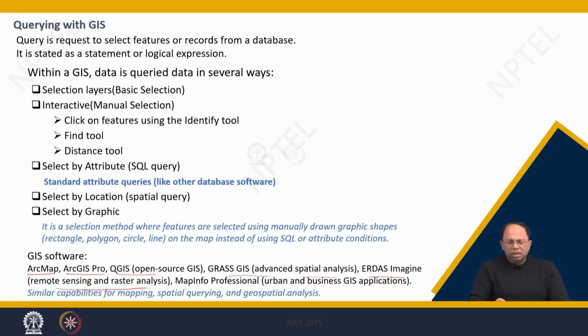MapInfo Professional is also another one where we can do similar work to what we are doing in ArcGIS Pro. So more or less, all this software offers a lot of common capabilities for mapping, spatial querying, and geospatial analysis. But in this particular case, we would be mostly using ArcGIS Pro, the latest version, and we will show you some examples from the legacy old version, so that people who have the old version can also understand.